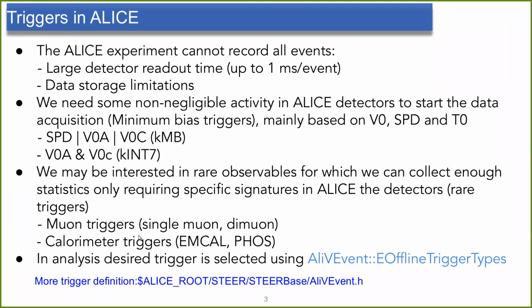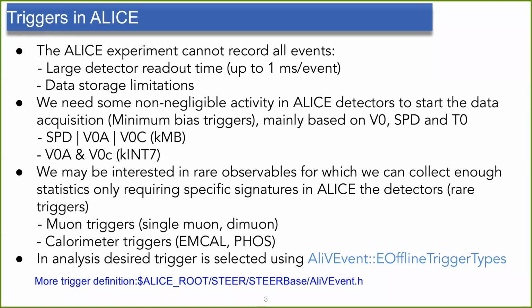In the ALICE experiment, we cannot record all the events because of the large detector readout time, which is up to 1 millisecond per event, and the data storage limitation. That is why we select events for our analysis using some triggers.